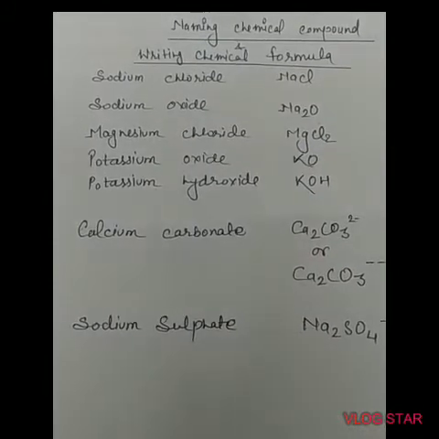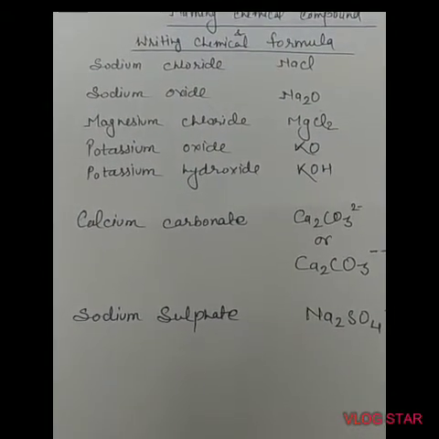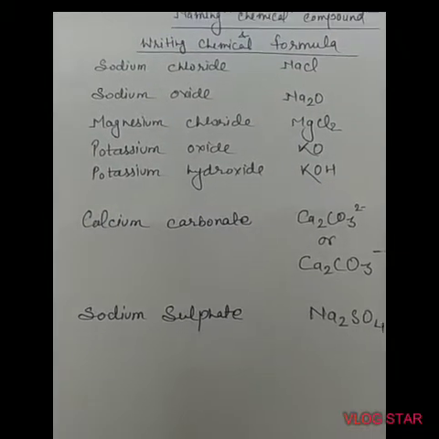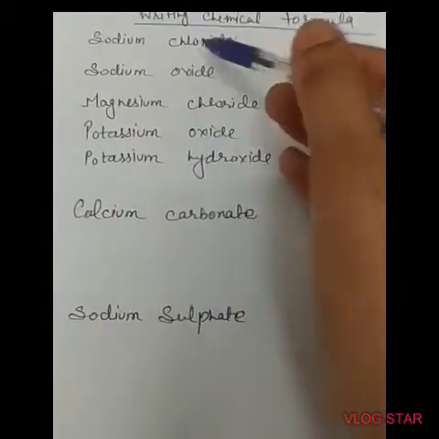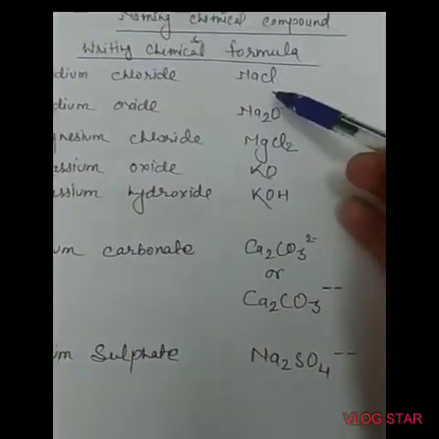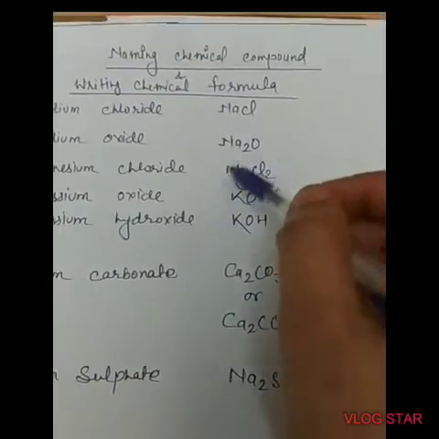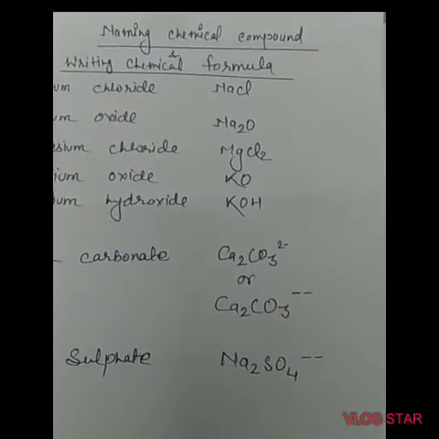What are compounds? We have discussed atoms, like sodium, magnesium, potassium, calcium. These are atoms. A compound is a group of atoms of the same or different elements which combine chemically and behave as a single unit.